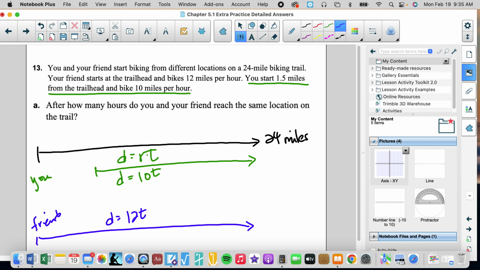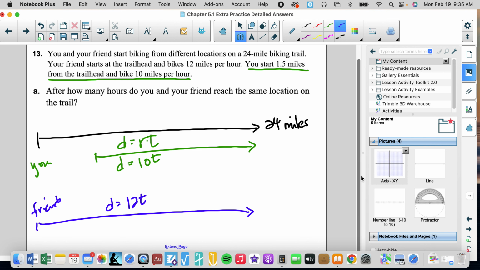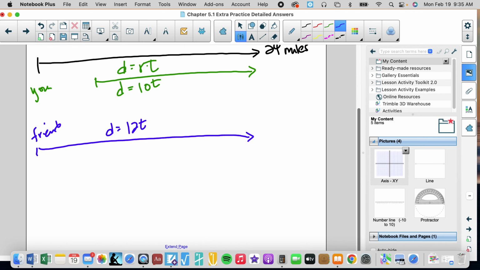But they have a little bit more distance to travel than you. So when are your distances the same? So you get a 1.5.